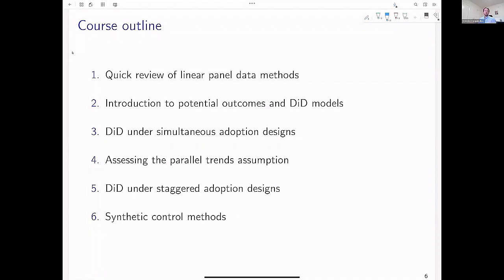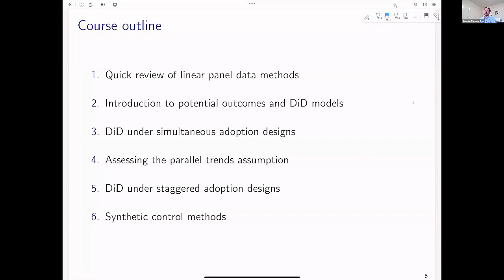Okay, and as we briefly discussed before, this can generate problems for the diff-in-diff, especially in the case in which we think that the effects of the treatment may vary either across units or over time. Okay. And so we will discuss this part. So this is where all the problems are going to come up.